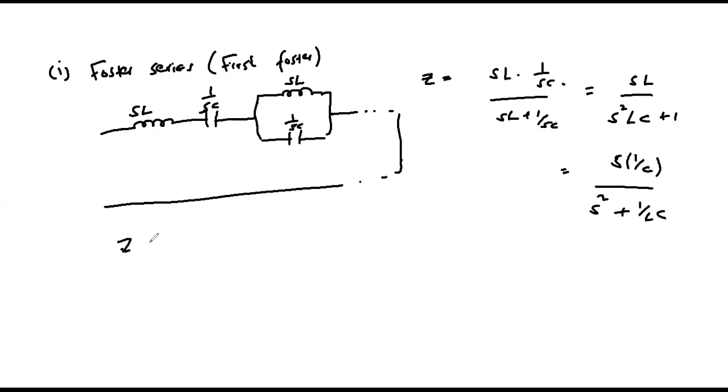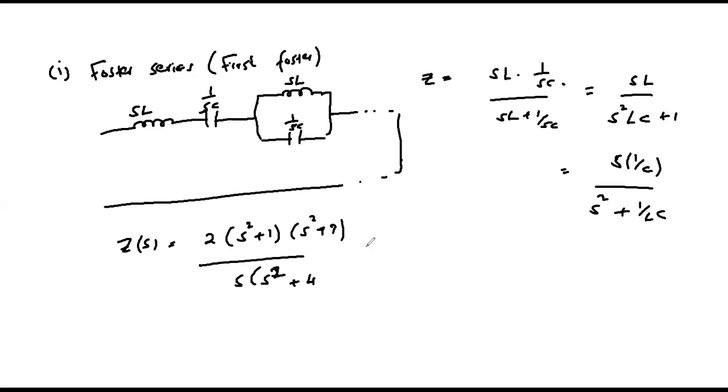Our transfer function was Z of S is given by 2 into S squared plus 1 into S squared plus 9, over S into S squared plus 4. You notice that the order of the numerator is greater than the order of the denominator, and first we've got to divide so as to be able to write these in partial parts.